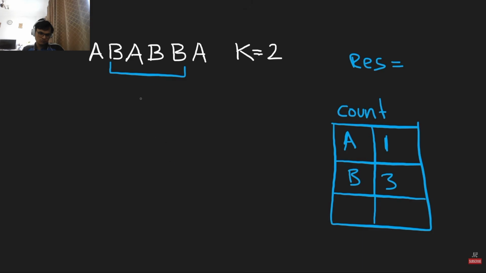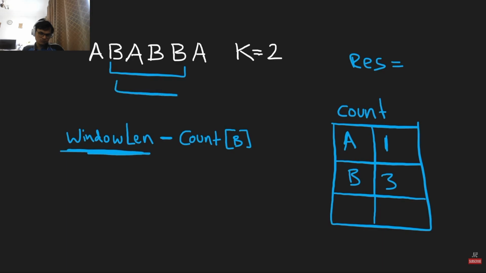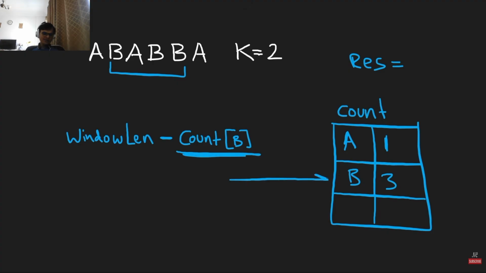What we're going to do is take the length of the window, which we know in this case is 4, and we're going to take the count of the most frequent character. In this case, that's B, and the count of it happens to be 3, so we're going to take 4 minus 3, and from that, we're going to get a 1.